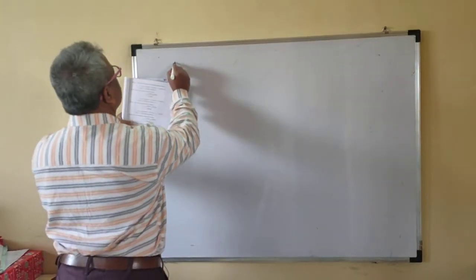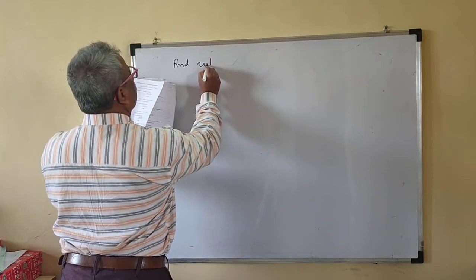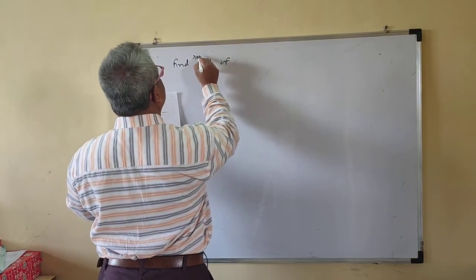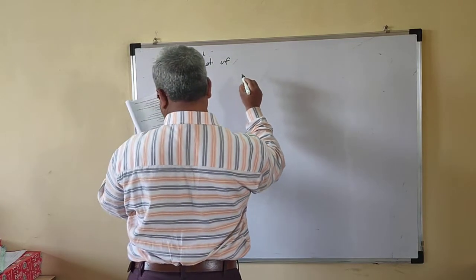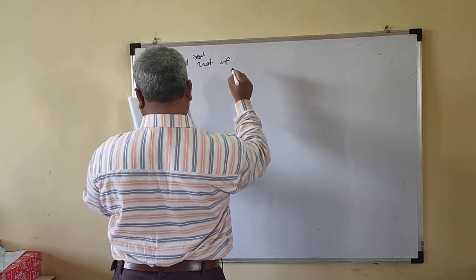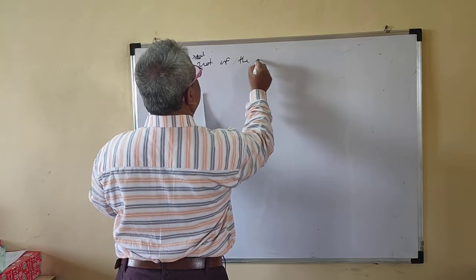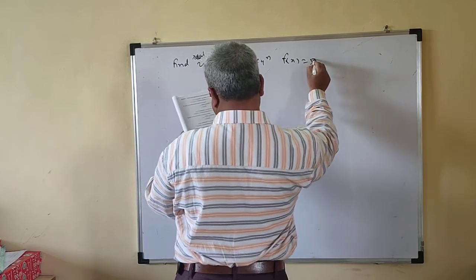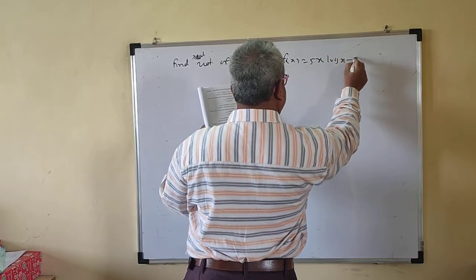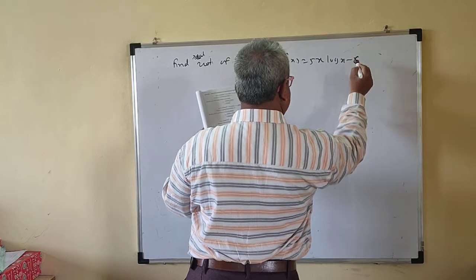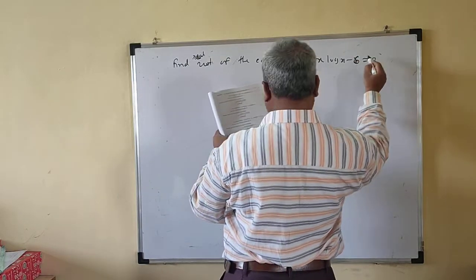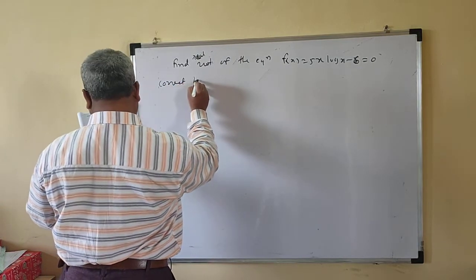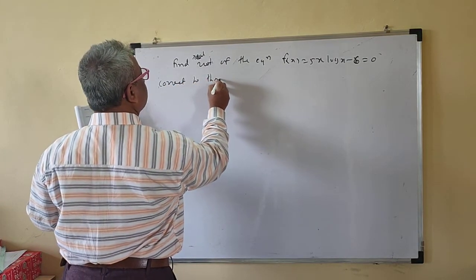Find the real root of the equation f of x is equal to 5x log x minus 5 minus 6 log x minus 6 is equal to 0, correct to 3 decimal places.